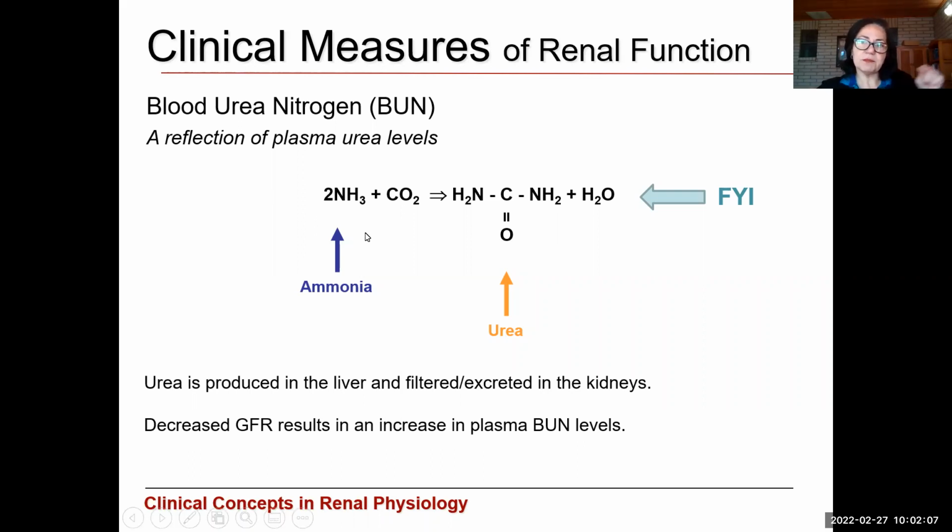But if you're going to use that amino acid for fuel, or you're going to use it for gluconeogenesis, you're going to make sugar from it, then that nitrogen, that amino group has to come off.